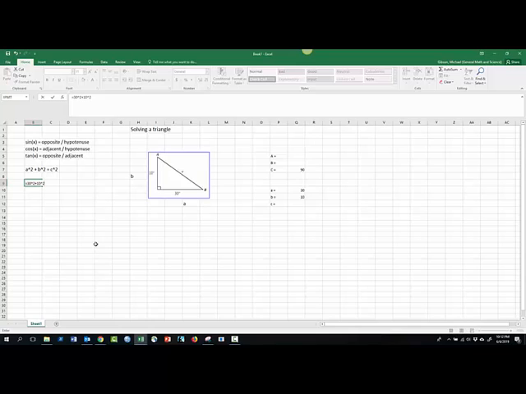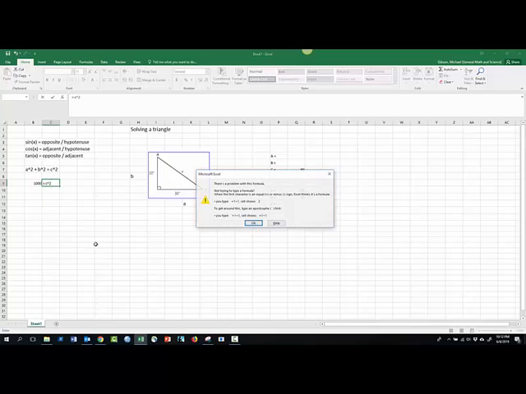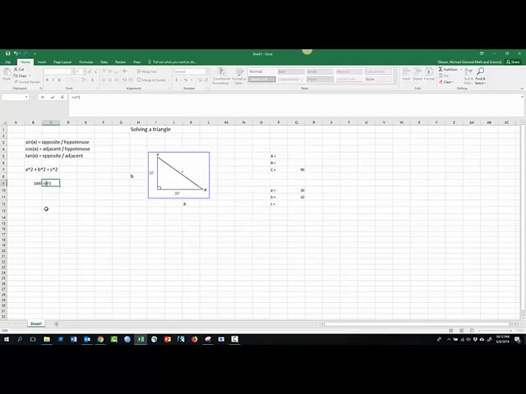That's 1,000, so that equals our C squared according to the Pythagorean theorem. I shouldn't have typed in equals there, it's trying to calculate and doesn't know what the C is. So if we take the square root of both sides, C is going to be the square root of this 1,000.